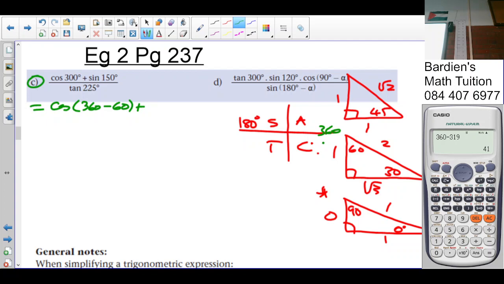How do we get in the second quadrant? 180 minus 30. Over 225. Which quadrant is that in? Third quadrant. There's 180. Okay. You all okay with that? Is nobody confused here? No?